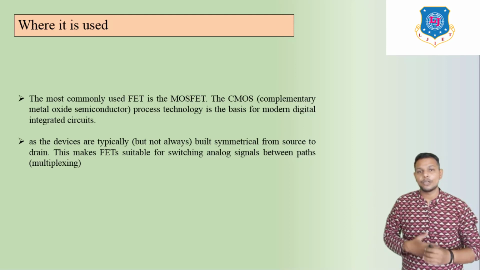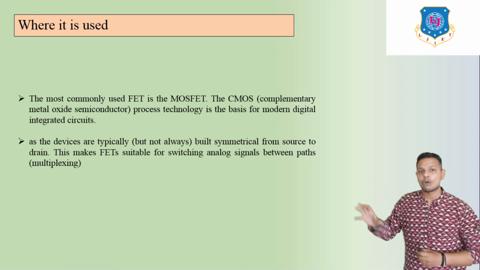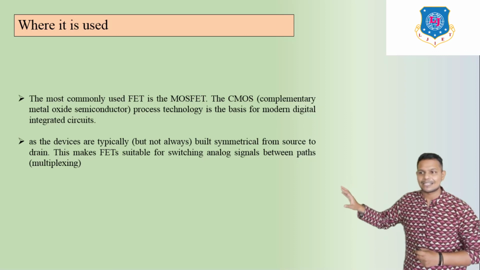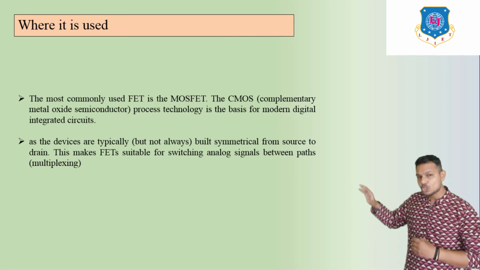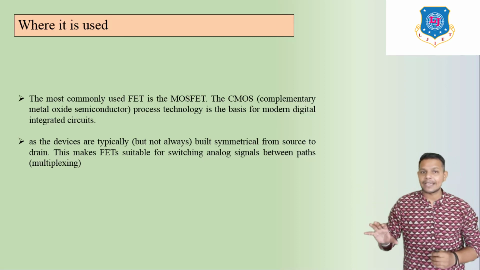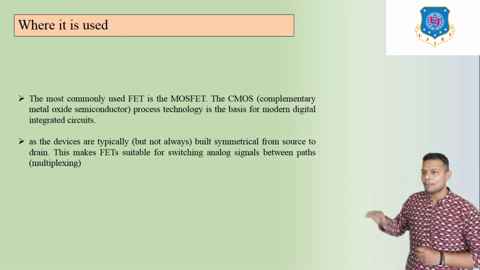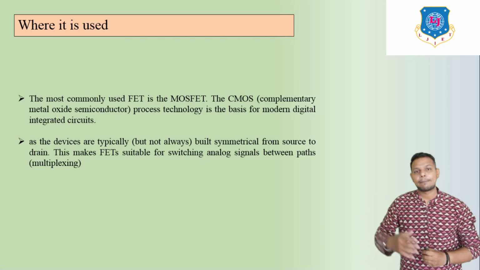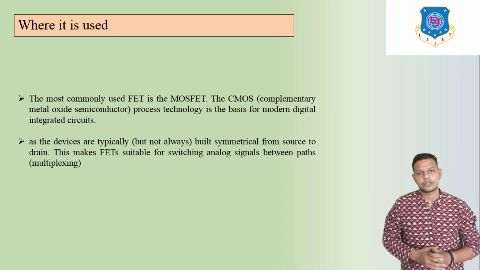That means we use chips, or ICs, in the form of CMOS, and in that CMOS we use MOSFET. Also, as the devices are typically but not always built symmetrical from source to drain, this makes FETs suitable for switching analog signals between paths. That means we use it in multiplexing techniques. So in multiplexing, FET is also used.